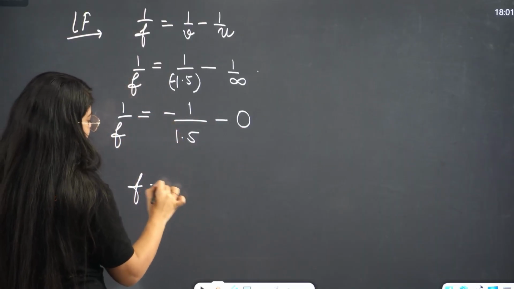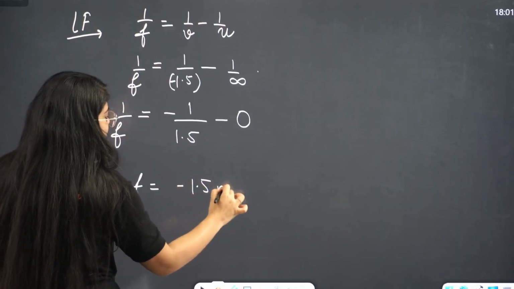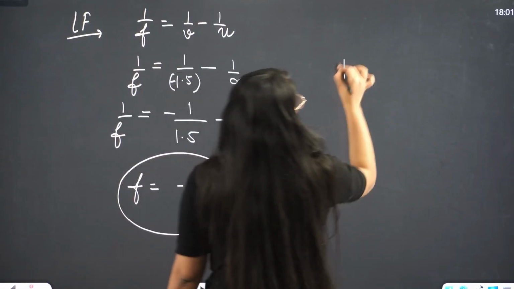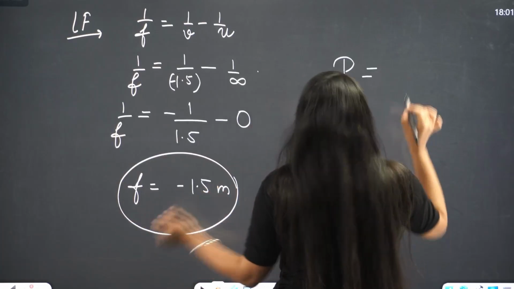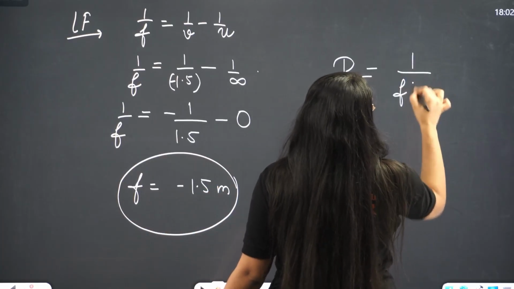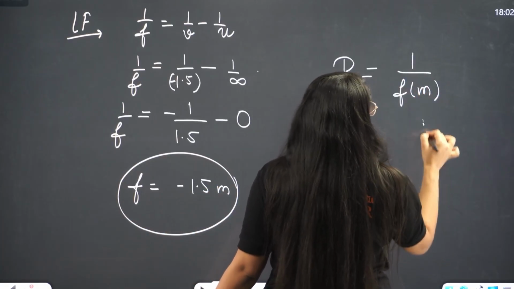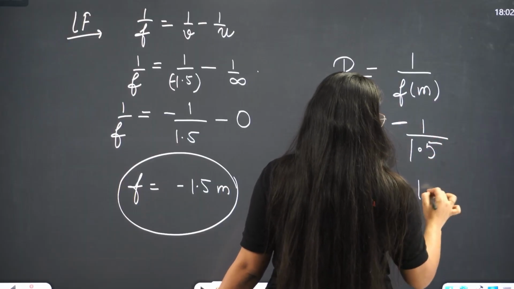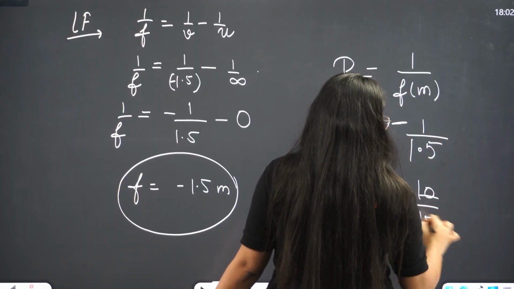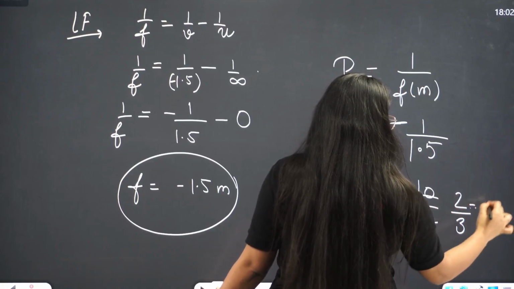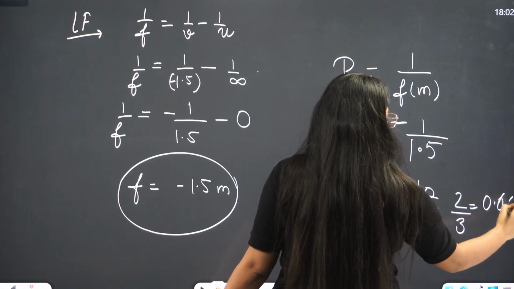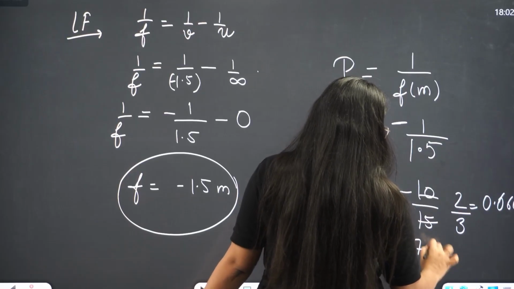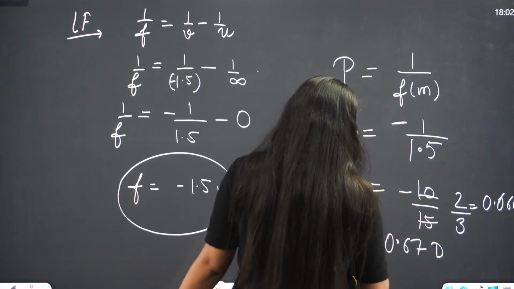So focal length simply comes out to be minus 1.5 meters. And we have to find power. Remember focal length is in meters, so now 1 by F, not 100 by F. 1 by minus 1.5, that is minus 10 by 15, that is minus 2 by 3, that is 0.666, and that is minus 0.67 diopter. That is your power.